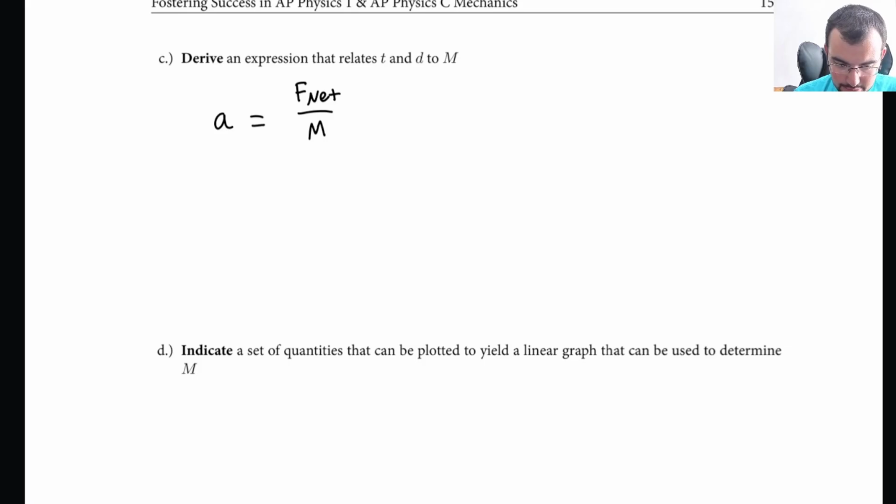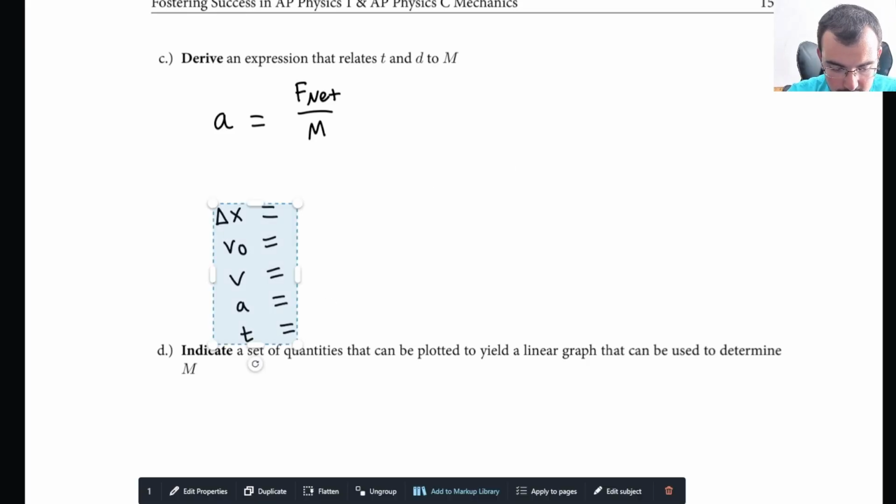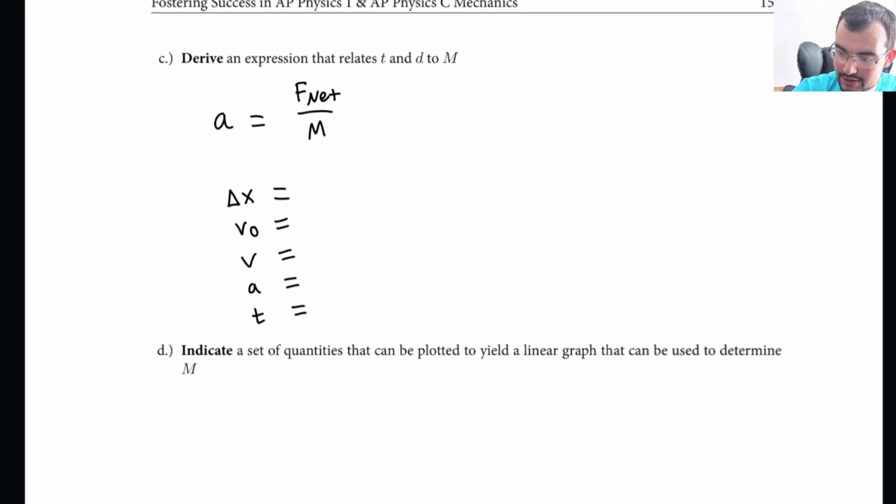So the cart is being pulled from rest. So these are our laundry list variables. So delta x, we do have that. Delta x, this would be the distance d. We start from rest. Doesn't look like we know the final speed, and we probably don't want it. Acceleration was F net divided by m. And then time was also known. Time is just t in the data table.